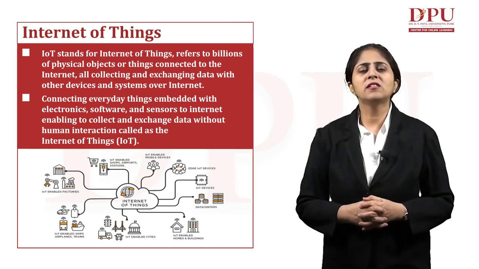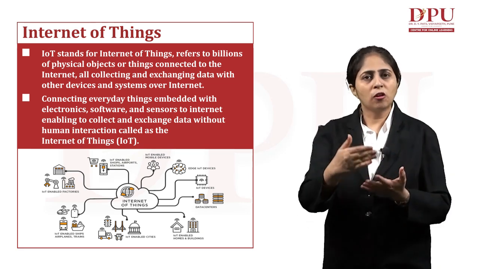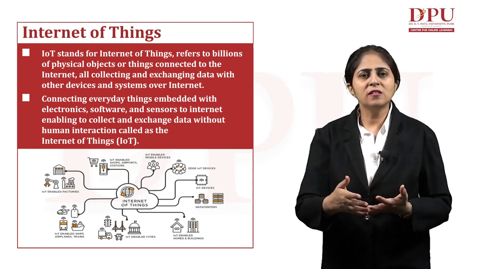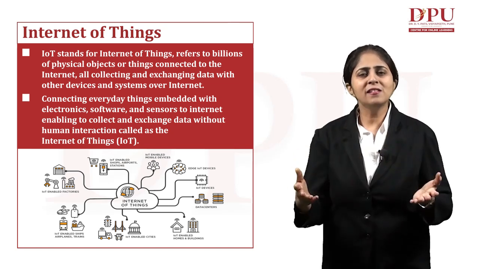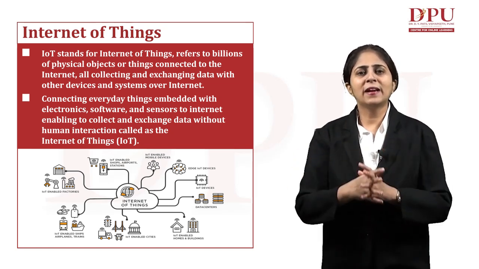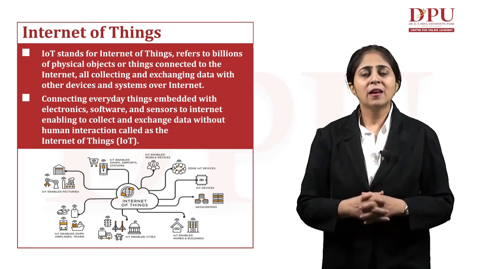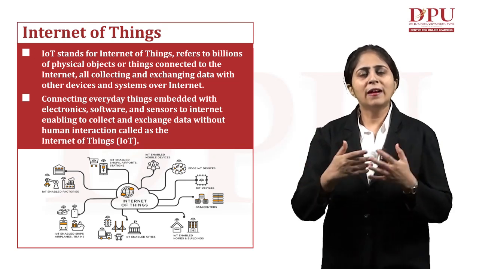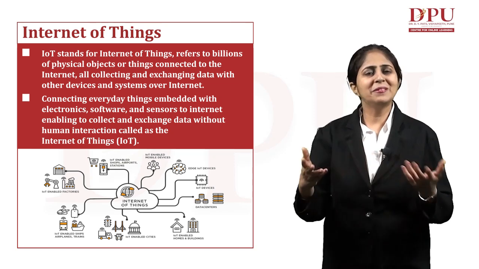Today we have this Internet of Things available everywhere. Whether we go to the hospitals, the schools, the universities, the airports, the railways, the hotels, everywhere we will find these IoT-enabled devices, exchanging data among themselves with the help of Wi-Fi and the internet.